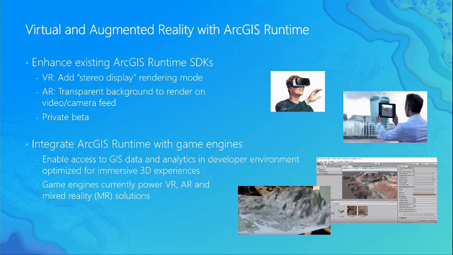They're building out headsets now whose developer environment uses a game engine. We can see where folks using the ArcGIS platform have built out a set of authoritative data, and they want to utilize that in that experience instead of manually bringing it in, which is what's happening right now. So we're looking to enhance that experience.